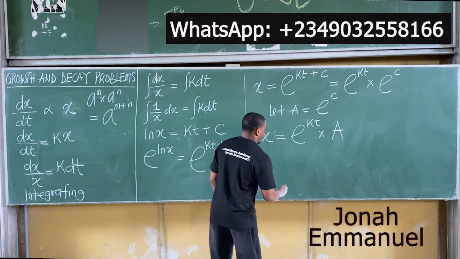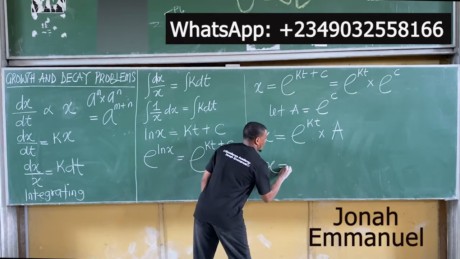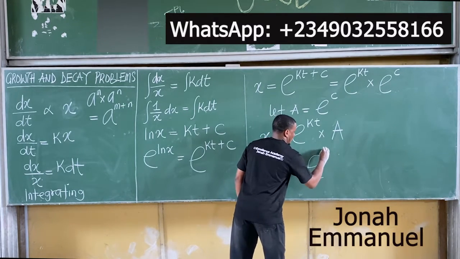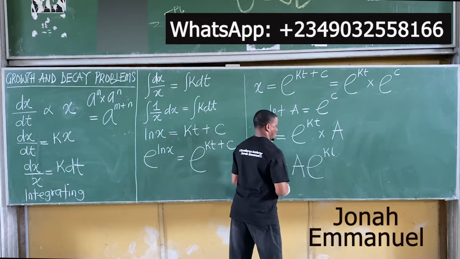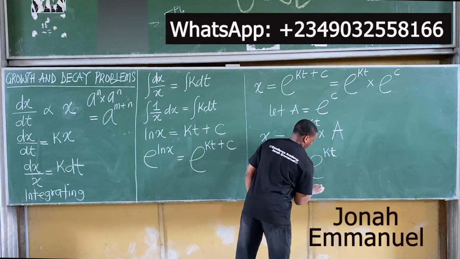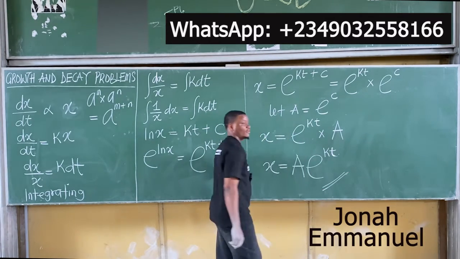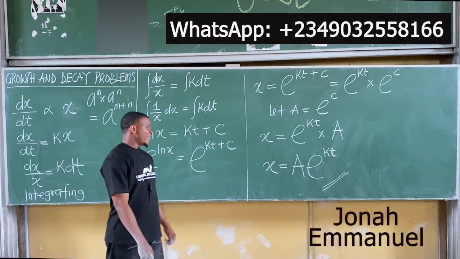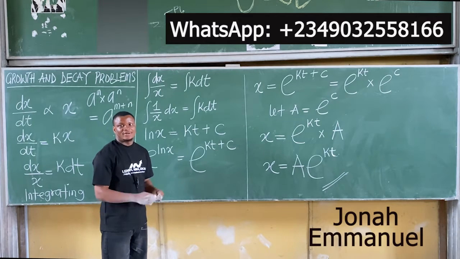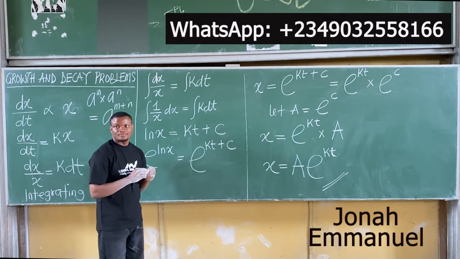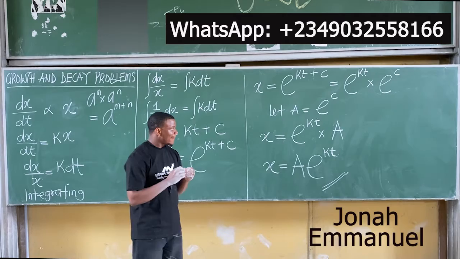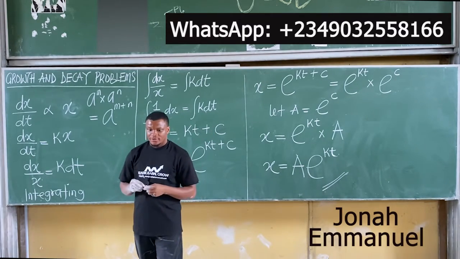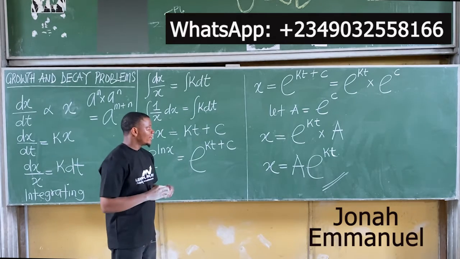So if I multiply, what do I have here? X is equal to what there? A exponential what there? Kt. Basically, this is the equation we need for population. X equal to A exponential Kt. We have this. This is the equation we need for this, right?